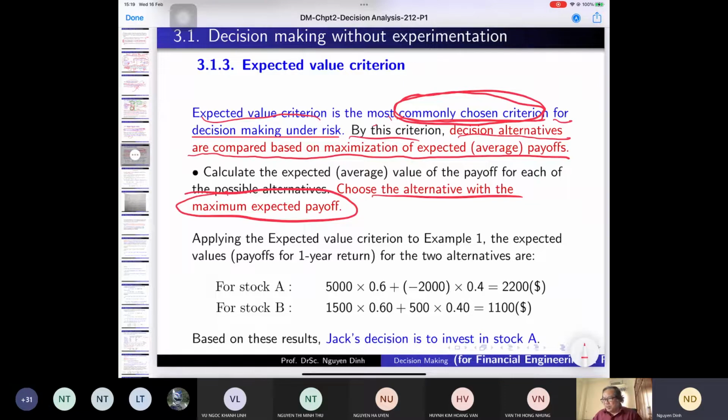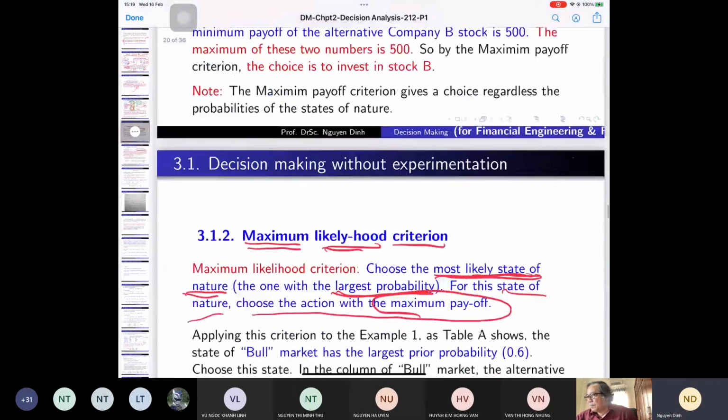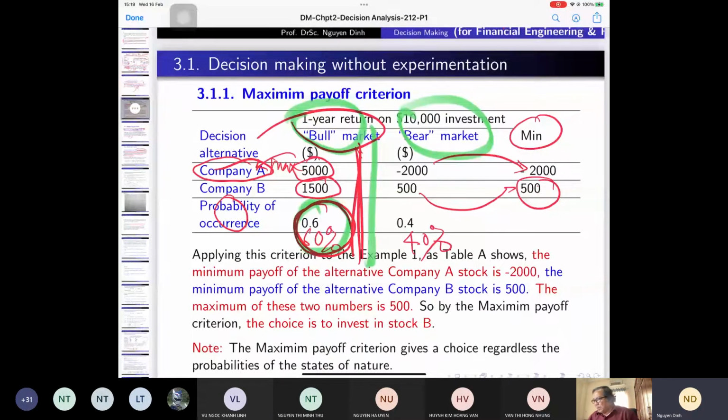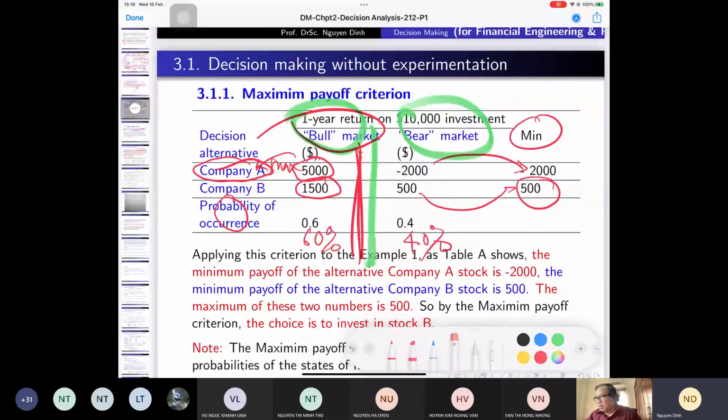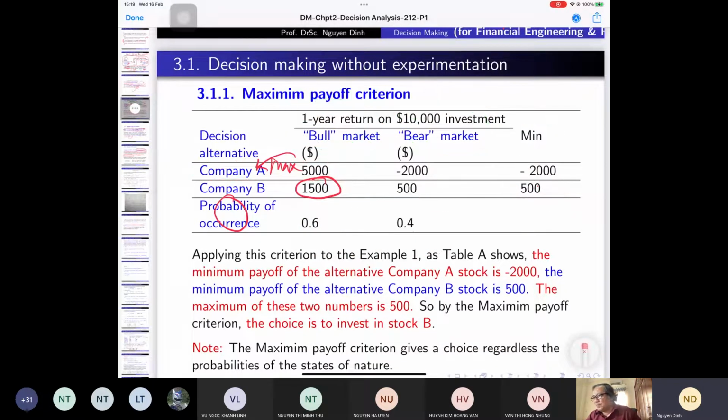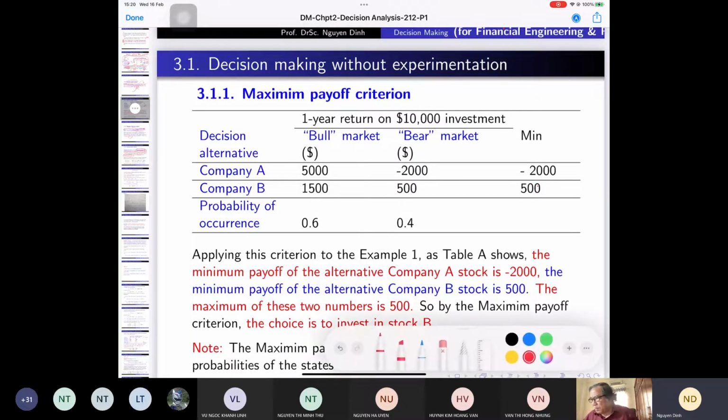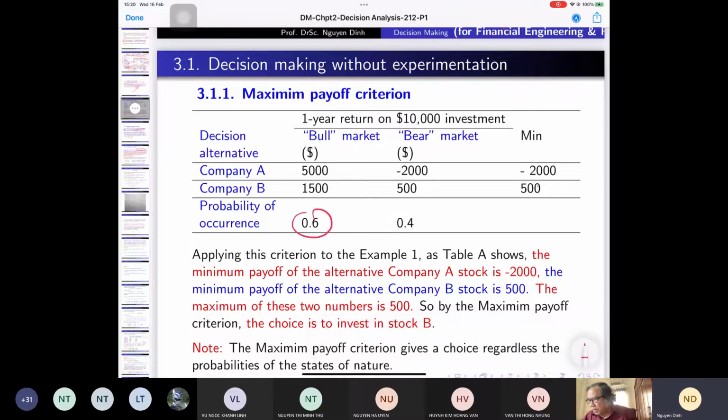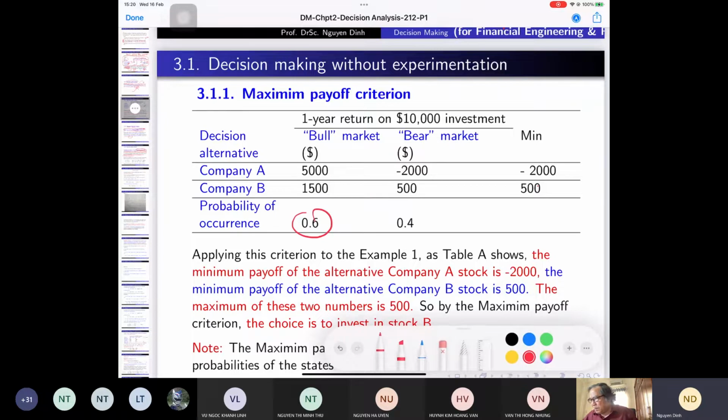You choose the alternative with the maximum expected payout. And how do we calculate the expected payout, for example, in this table? I delete some things here, and then you can see. The expected payout of A is equal to the payout here multiplied by this probability.